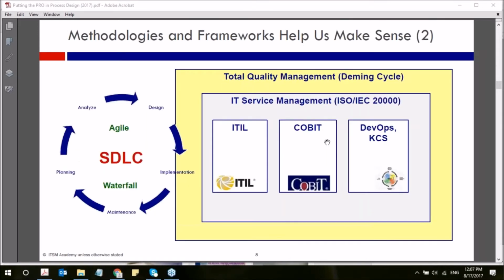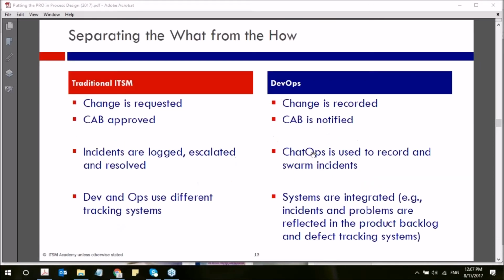Well, so that was what this slide I went through. These are examples of how the organizations are doing that. They're having conversations about how to shift their thinking from something being requested and having to go through a long approval process, for example, to something being recorded. They're using swarming techniques like chat ops.